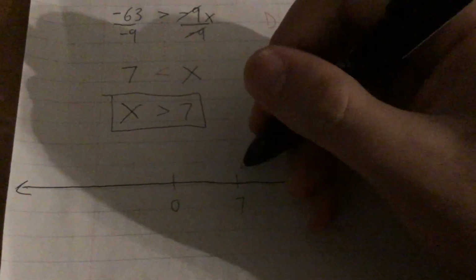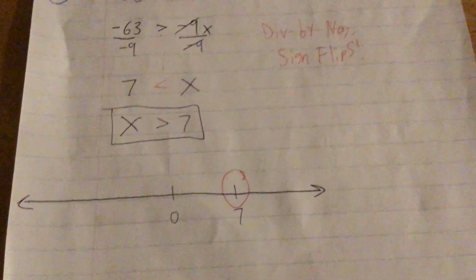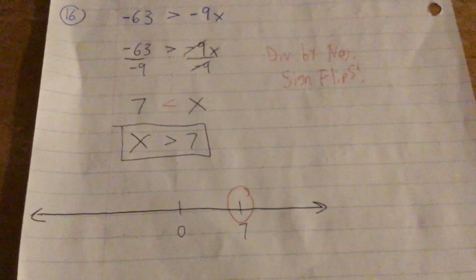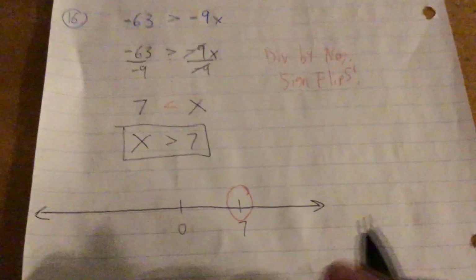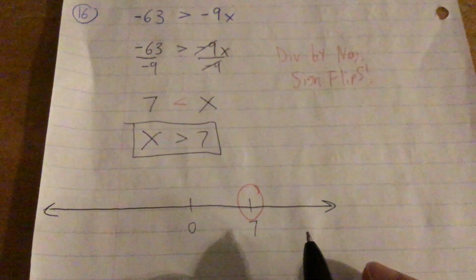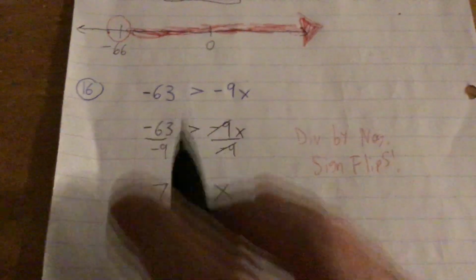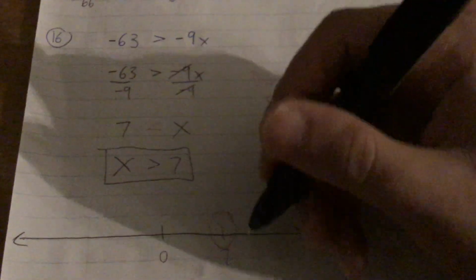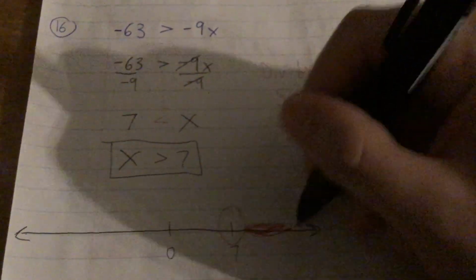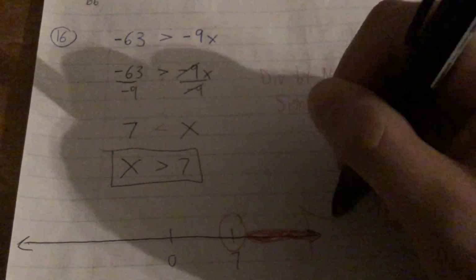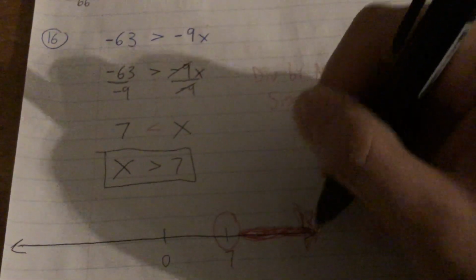Put a big old circle on the endpoint 7. And remember, x is greater than 7, which means x is allowed to be any real number bigger than 7. This is a visual representation of that true statement. So all numbers bigger than 7 are legal. Anything that is not shaded is illegal.